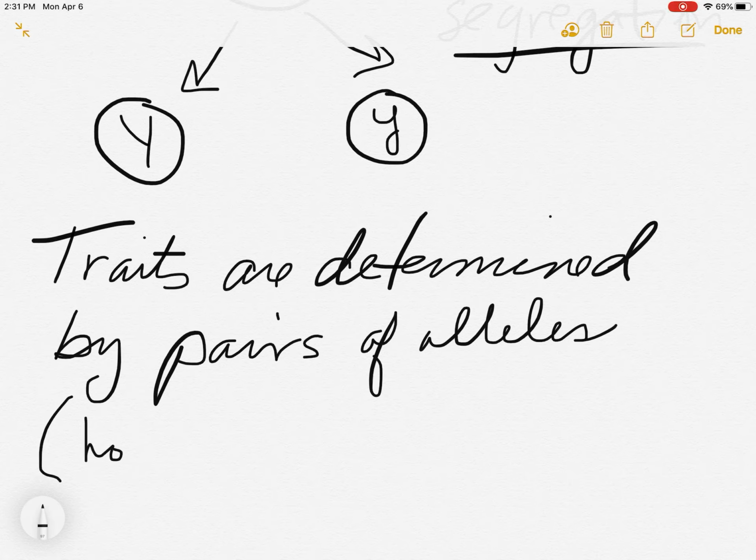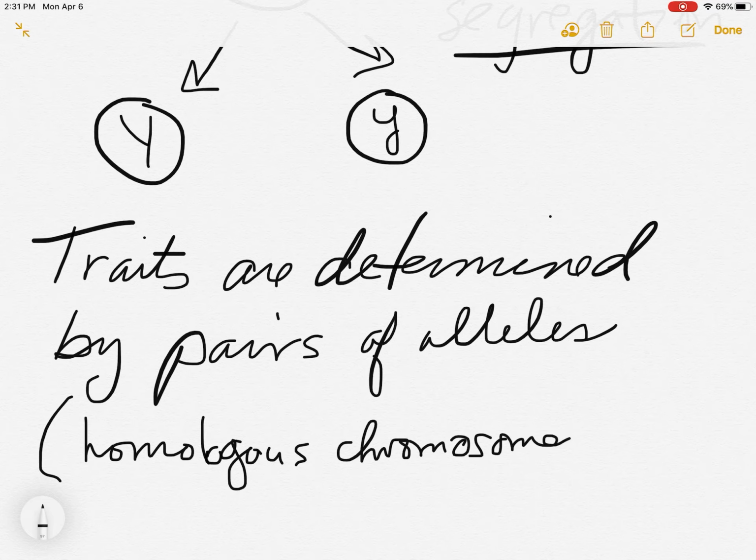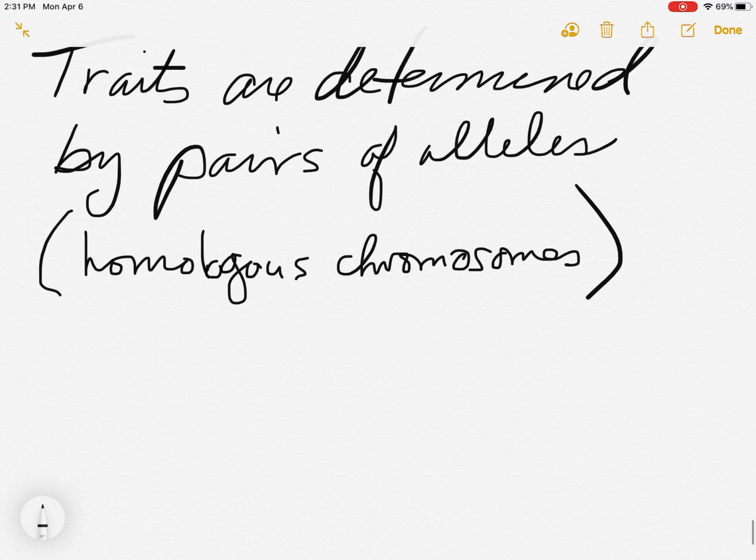And we can write in brackets, because now we know what that is, homologous chromosomes. That's why there's two pairs of alleles. Each homologous chromosome has one of the alleles. They both do the same job. They both determine the color, but they do it in a slightly different way. So traits are determined by pairs of alleles that segregate.